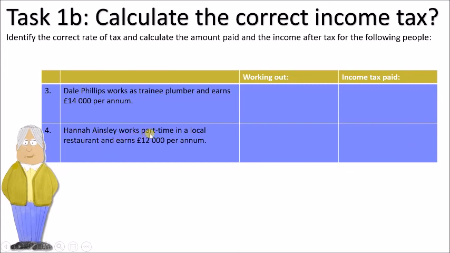Hannah Ainsley works part-time in a local restaurant and earns £12,000 per annum. So have a think about how big the first slice is, just how many slices of tax does she have to pay. Hopefully that one will be quite straightforward for you.